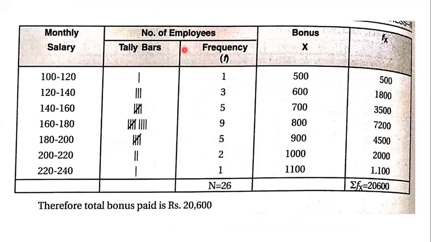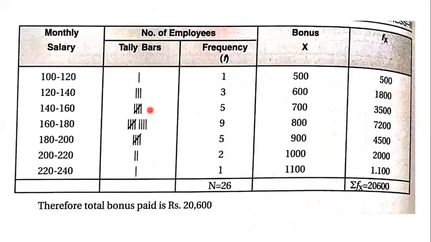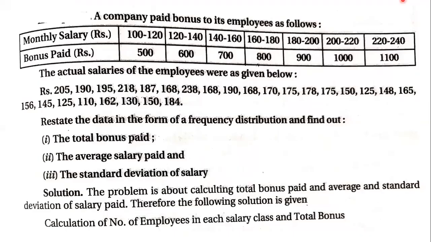We are supposed to find this out using the raw data, this 205, 190 data, to calculate the frequency. Okay, so that is given in the tally bars. And then for frequency and bonus, bonus is whichever is given here.